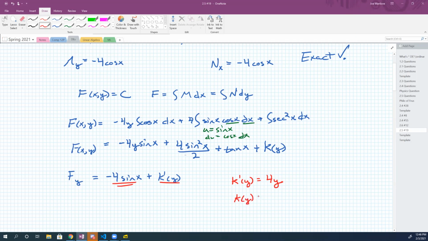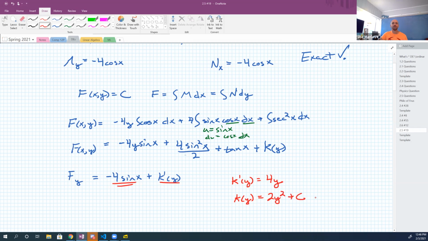2y squared, plus an actual constant. Perfect. And on these you can forget the constant because you're going to set it equal to a constant anyways. In fact, I think it says in the book specifically to set the constant of integration to 0 on the second integration. Yep, as it should.